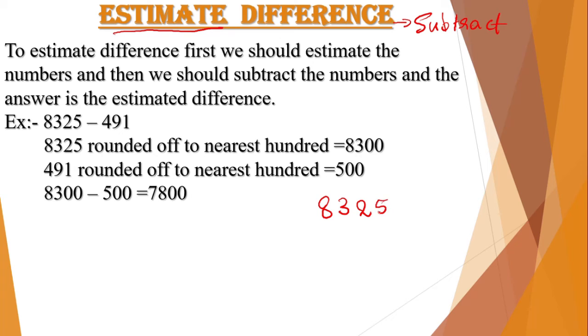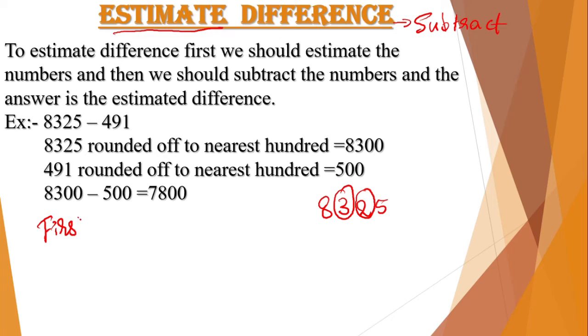8325. We should circle 3 because 3 is in hundreds place. And we should circle 2 because it's next to 3. And we should check the second circle digit, which is 2. So we should check if 2 is in the first group or second group.